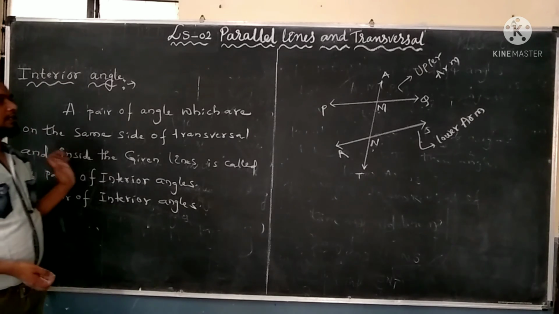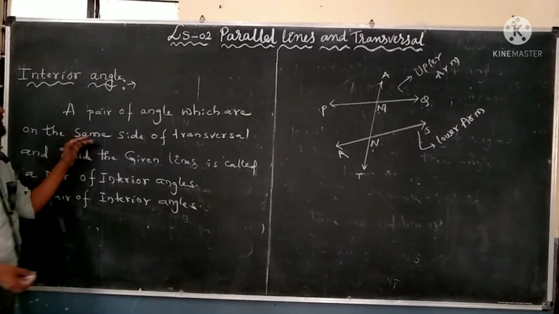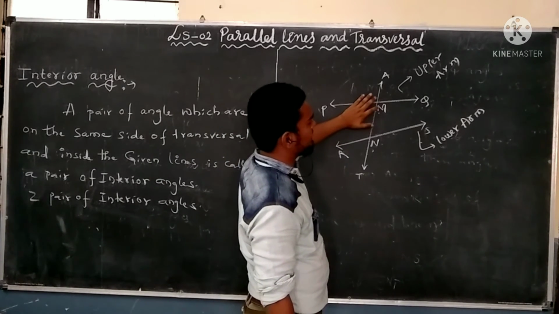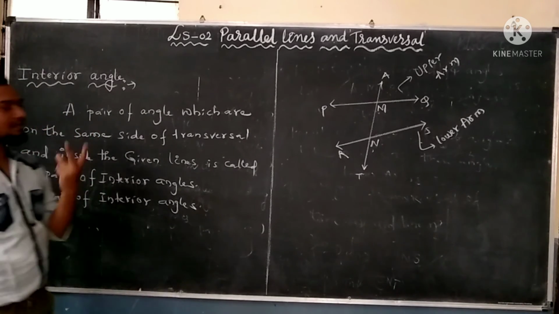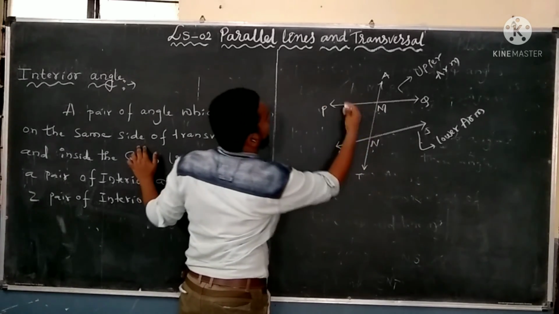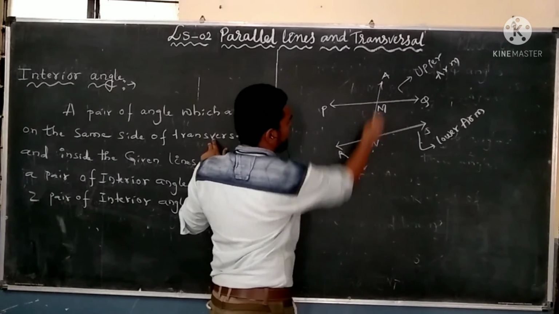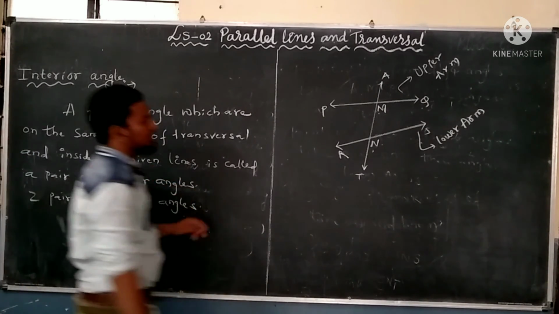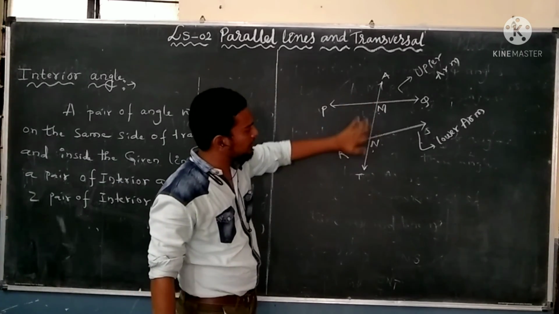Interior angles: a pair of angles which are on the same side of the transversal. Here the interior angles are M and N. A pair, which are on the same side, this side and another side, on the same side of the transversal line AD, and inside the given lines, is called a pair of interior angles.